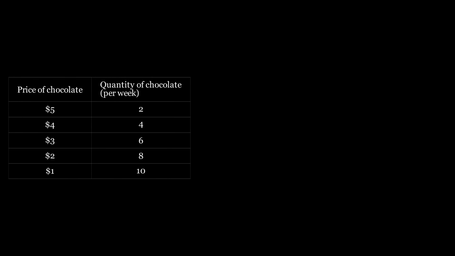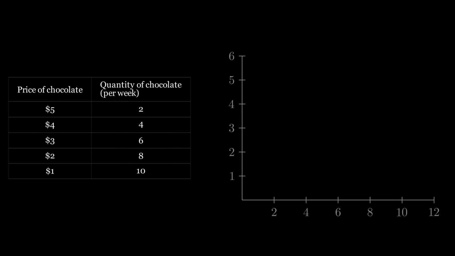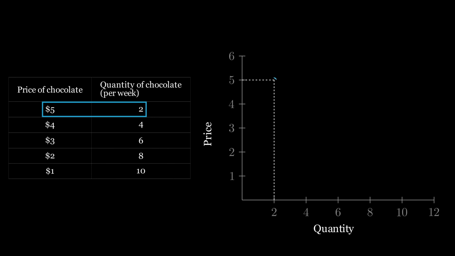We can also show this table visually with the demand curve. By convention, price goes on the vertical axis and quantity on the horizontal. Let's take each price quantity pair from the table and plot on the graph.